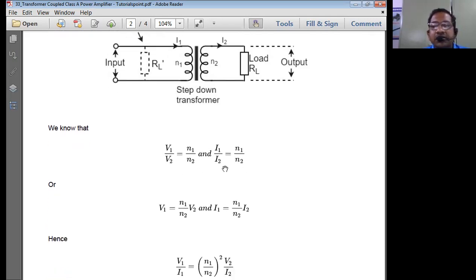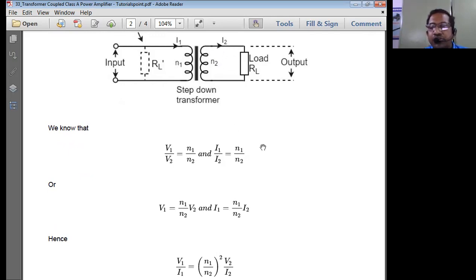We know the basic turns ratio equation of a transformer: if V1 is the primary voltage and V2 is the secondary terminal voltage, then V1 by V2 is equal to N1 by N2, because V1 is the voltage across the primary turns N1 and V2 is the voltage across the secondary turns N2.